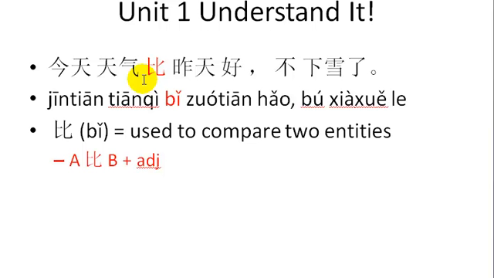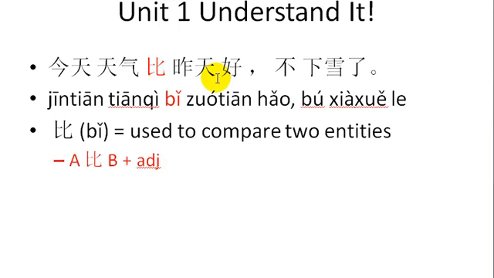And you could replace weather with anything. You could replace it with baseball. Today's baseball game is better than yesterday's baseball game. You would say 今天棒球赛比昨天好. So really, you could put anything in here you wanted to. Or you could just take 天气 out and just say 今天比昨天好.